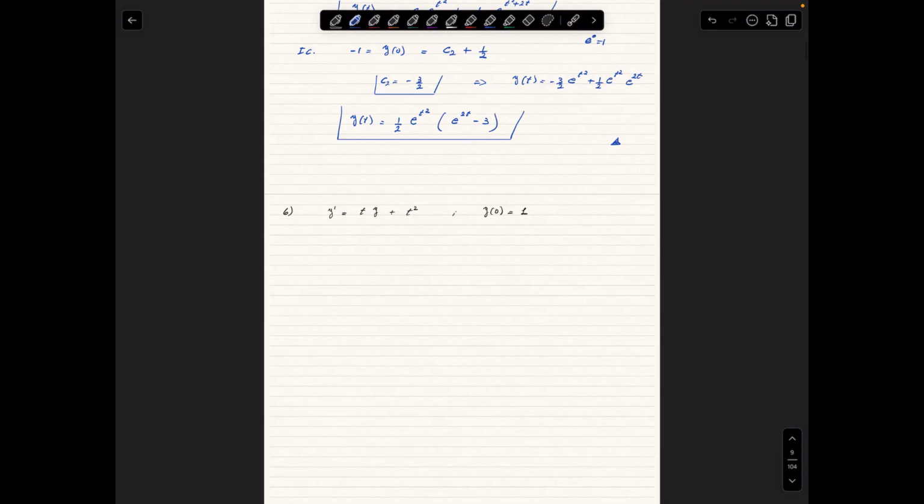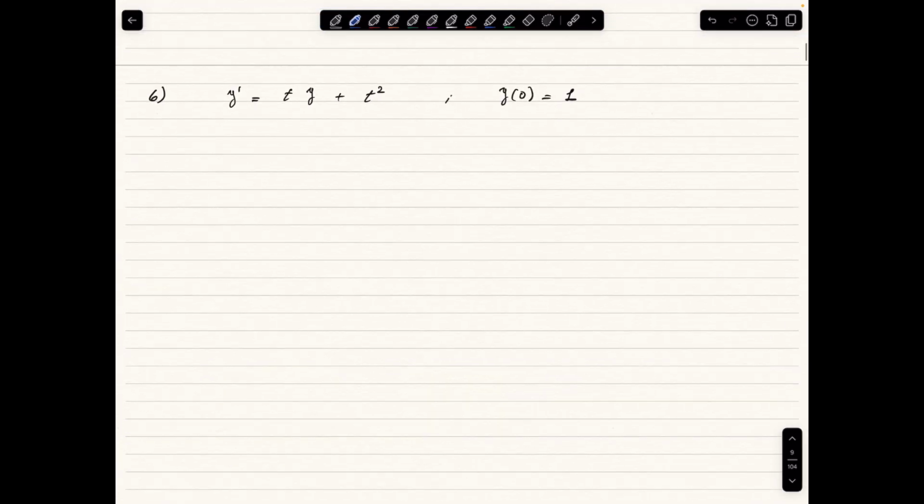Now we are at our last problem, which is to use the Euler method to find an approximate solution of this equation. Okay, what is that?